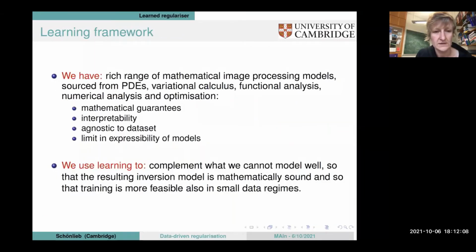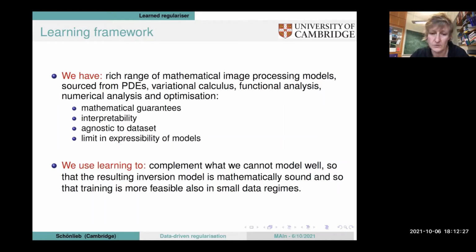Okay, so what I'm going to talk about is learning the regularizer, and let me say why I've been mostly looking at these data-driven approaches through a learned regularizer framework, and the reasons for that are twofold.